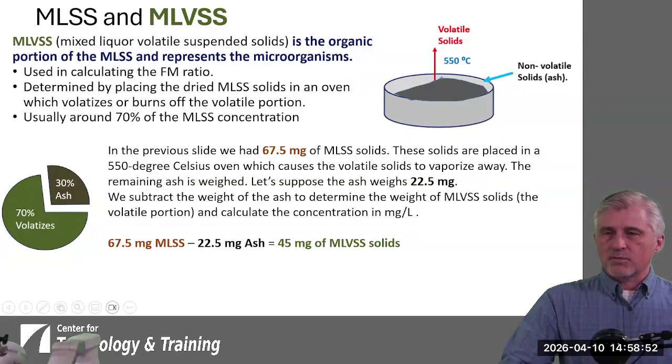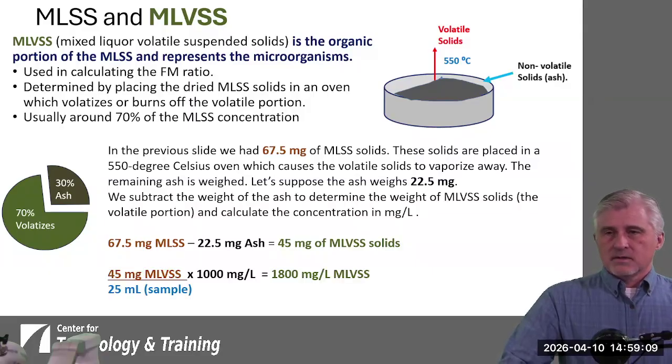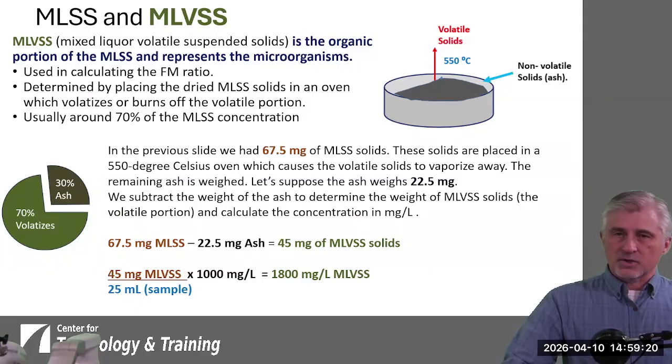We take our 67.5 milligrams of MLSS, subtract out the 22.5 milligrams of ash, and that gives us 45 milligrams of mixed liquor volatile suspended solids. We divide that by our original sample, multiply by 1,000 milliliters per liter, and that tells us that we have 1,800 milligrams per liter of mixed liquor volatile suspended solids.